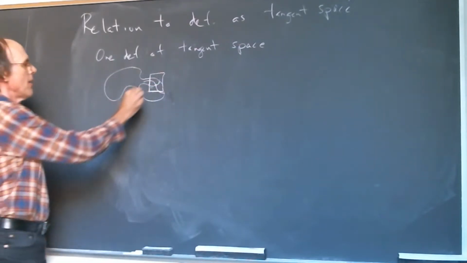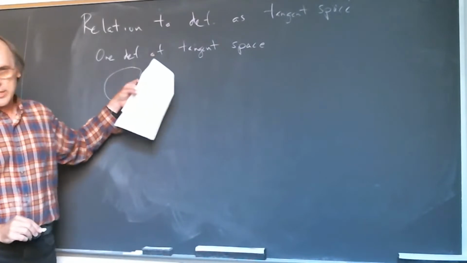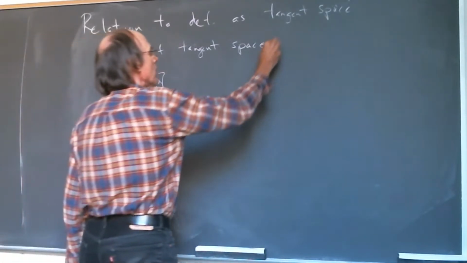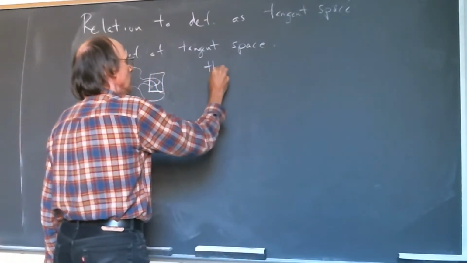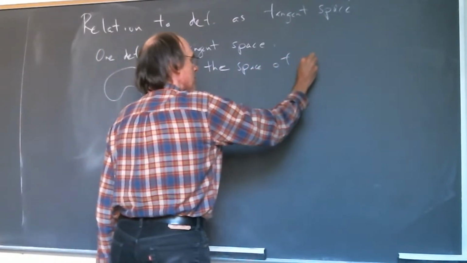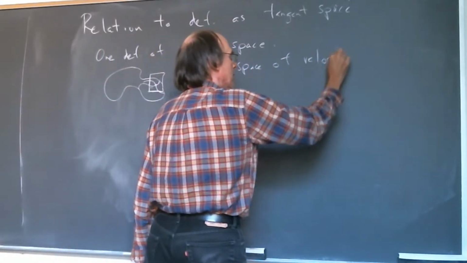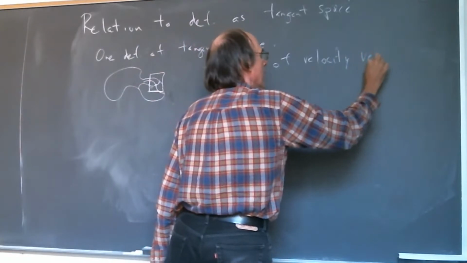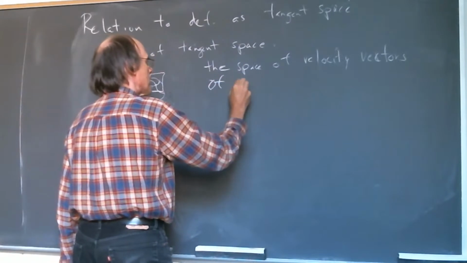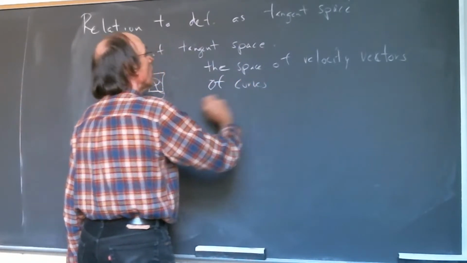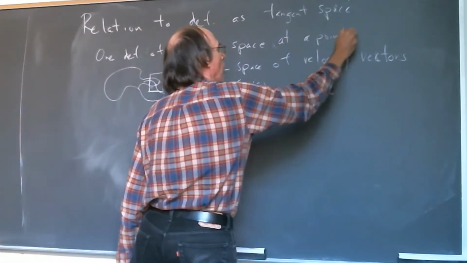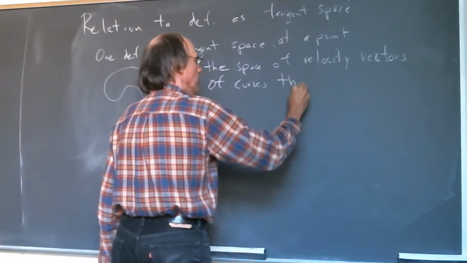Then you define the tangent space as the space of velocity vectors of curves through the point.